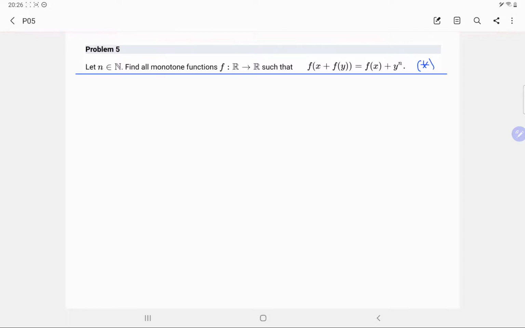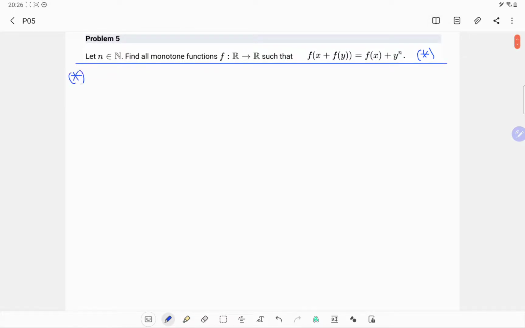First of all, from the original equation, we can substitute x equals 0.